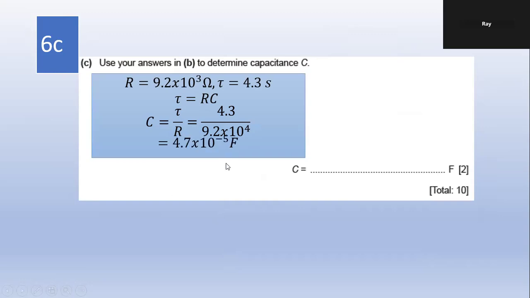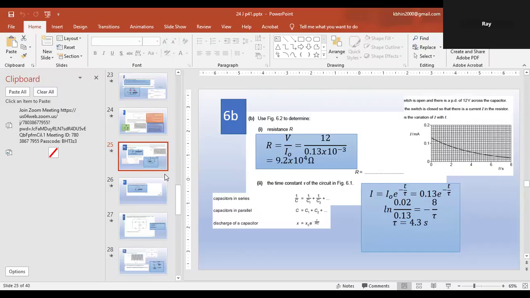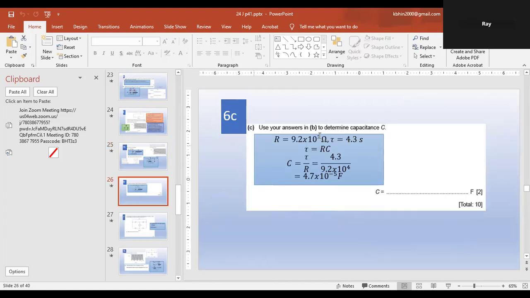Okay, I think I did something wrong. Why am I so careless? 10 to the power 4, 9.2 times 10 to the power 4. That one.